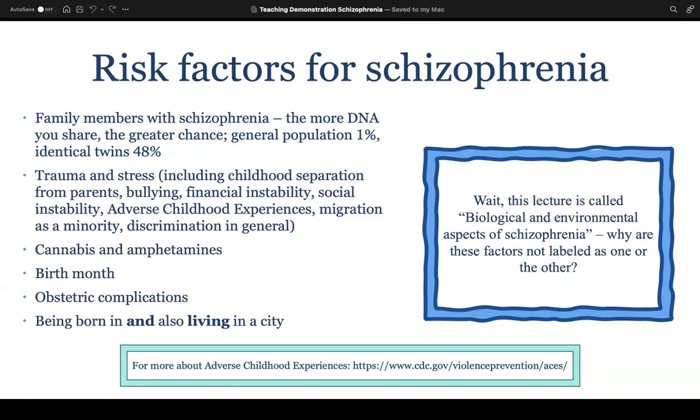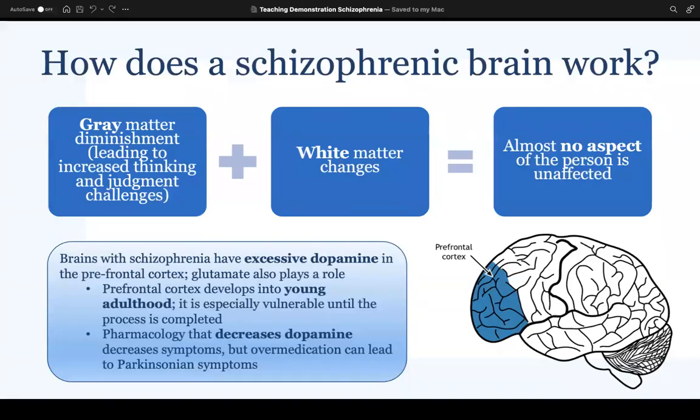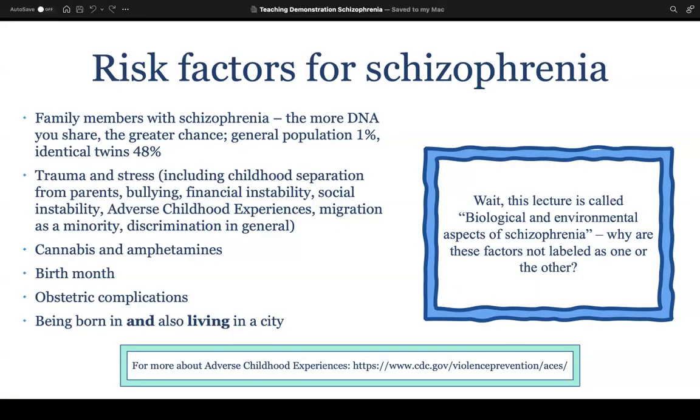So cannabis and amphetamines, really, really big risk factor here. And that goes back to this, right? It goes back to the dopamine situation, because cannabis and amphetamines stimulate the same neurons that receive dopamine.